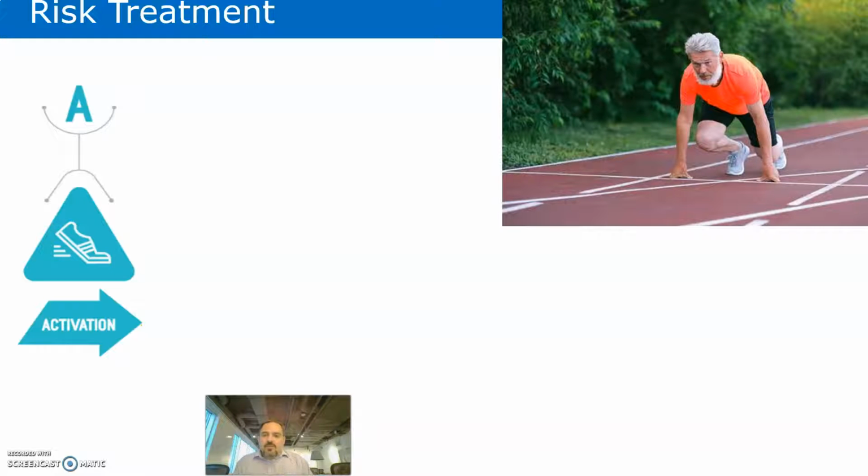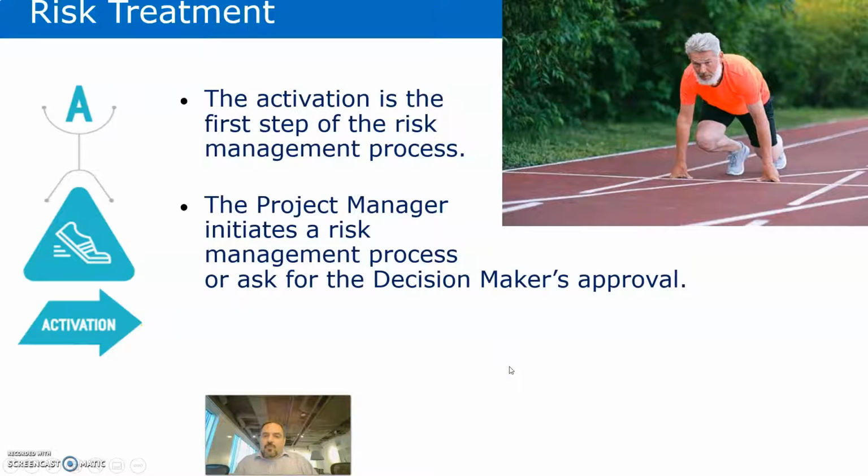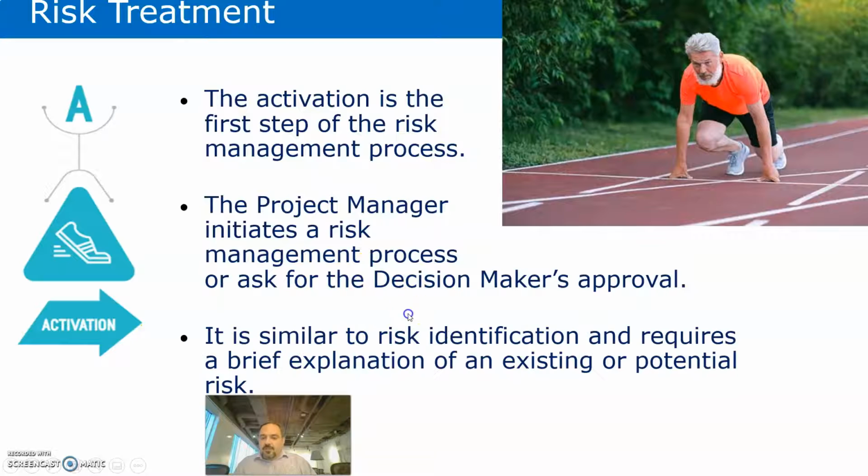Some risks are related to incidents, like there is a big major incident and it triggers a risk, like the change of federal government or the change of local government or an accident. So it triggers a risk treatment process, but still the activation has to be done formally. The project manager or the executive director initiates a risk management process or asks for the decision maker's approval.